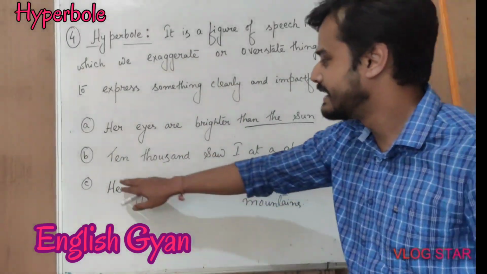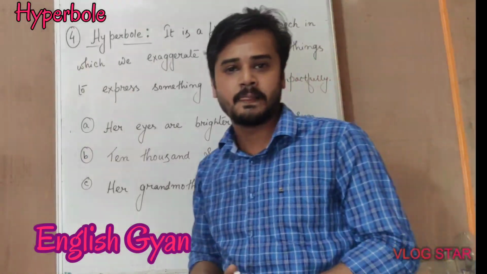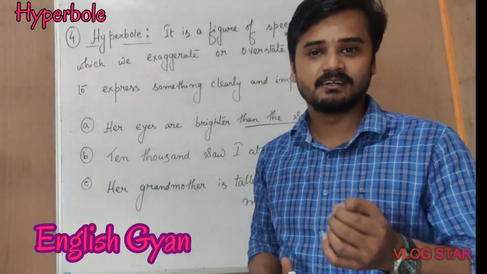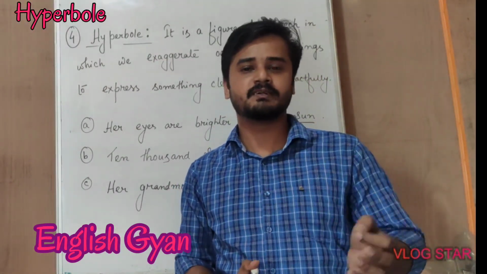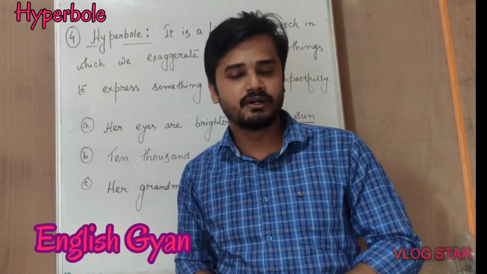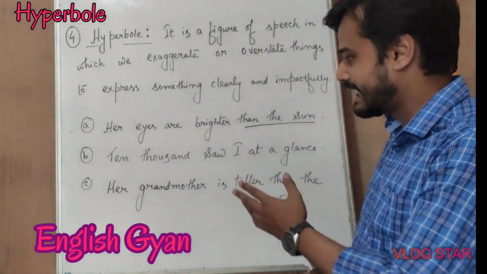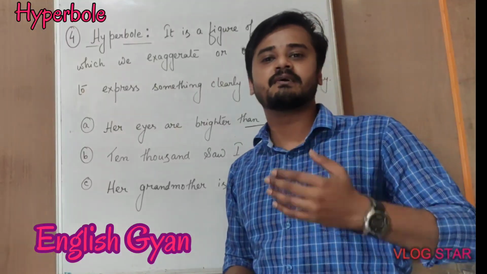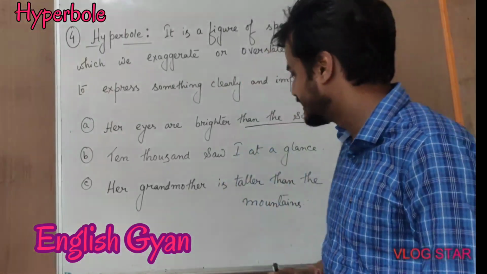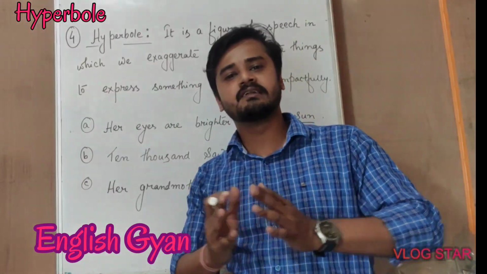The second one is, 10,000 saw I at a glance. This sentence is a very famous line from a very famous poem, The Daffodils by William Wordsworth. Here, in this line, he was referring to the daffodils. He was saying that he saw many daffodils at one glance.